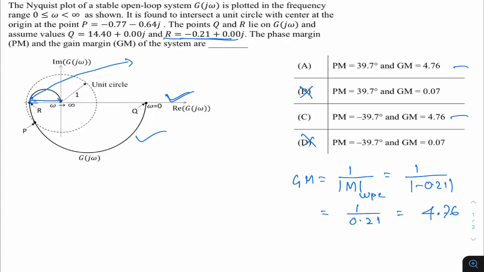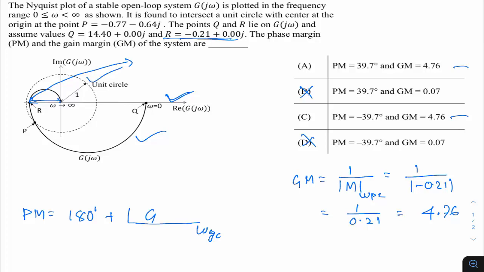Now what is the formula to calculate phase margin? Phase margin is given by 180 degrees plus the angle contributed by the transfer function at the gain crossover frequency, omega gc. Now what is your gain crossover frequency? This is the frequency at which the magnitude of the transfer function becomes unity. Here this dotted circle is the unit circle.